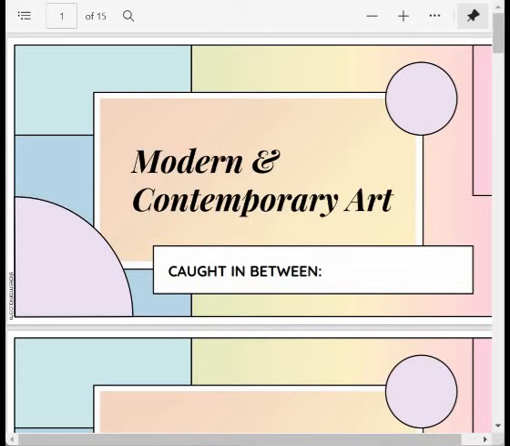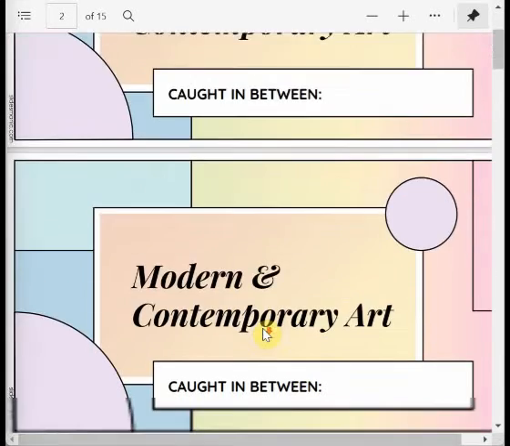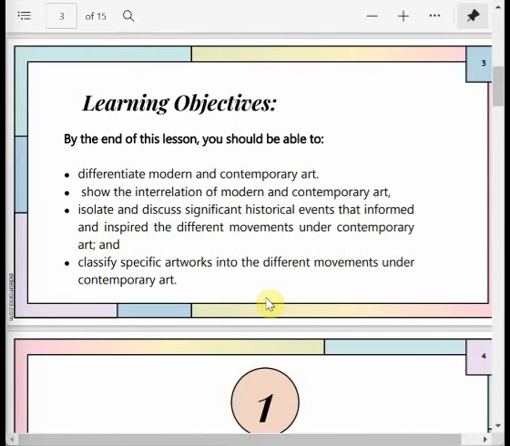So for this week, we are going to discuss the last topic under Unit 2, Western Art History, which is modern and contemporary art. And for our learning objectives, by the end of this lesson, you should be able to first differentiate modern and contemporary art.